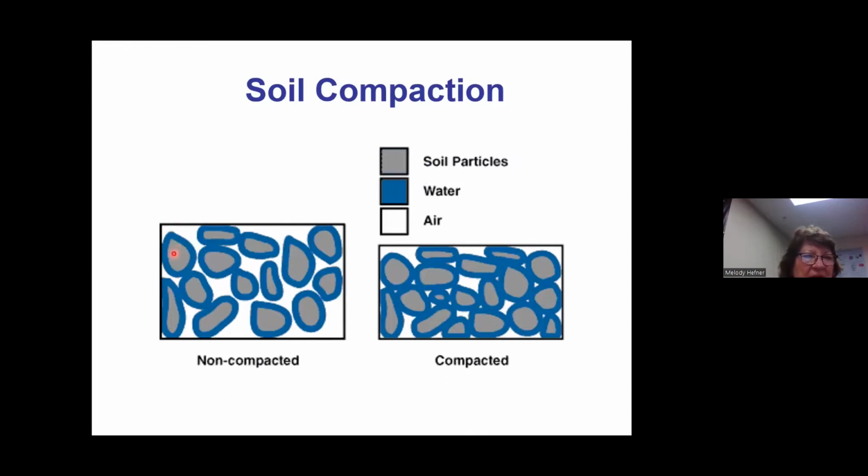The gray are the soil particles, the blue is the water that surrounds them, and the white is the air in between all these different peds. When we compact the soil, we are losing that airspace. It becomes harder for water to move through the soil, for animals to live in the soil, and for plant roots to grow in the soil.